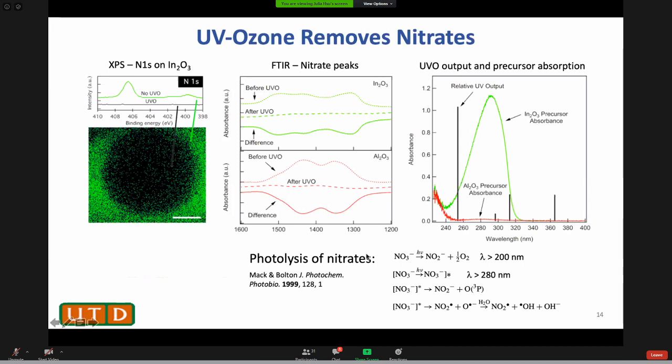And below I give you the photolysis of nitrates, how nitrate decomposes. Shining UV light lets us start the conversion by decomposing the nitrate and leaving behind the metals and the oxygen.